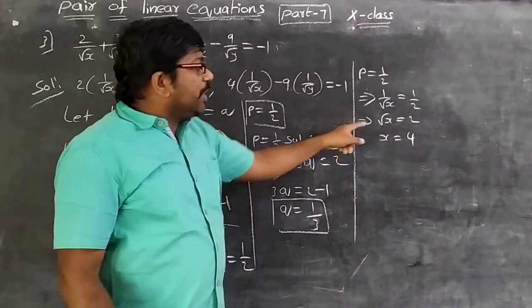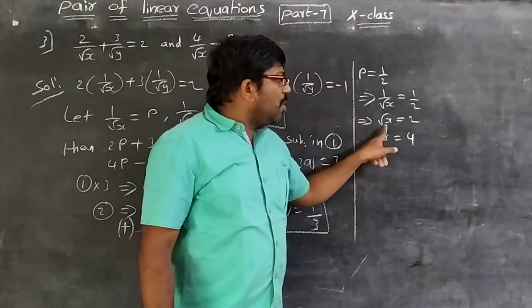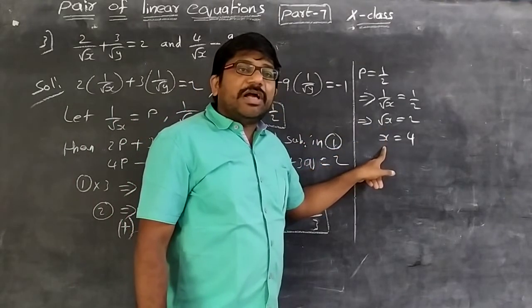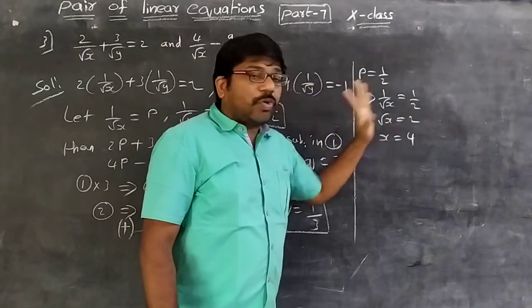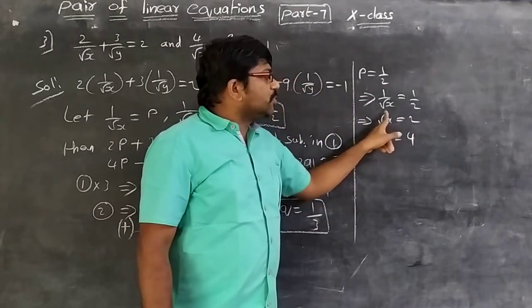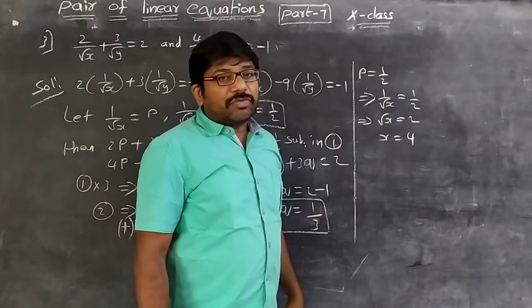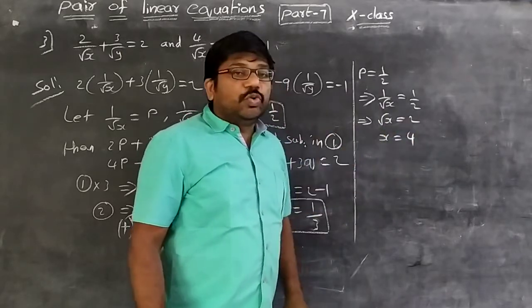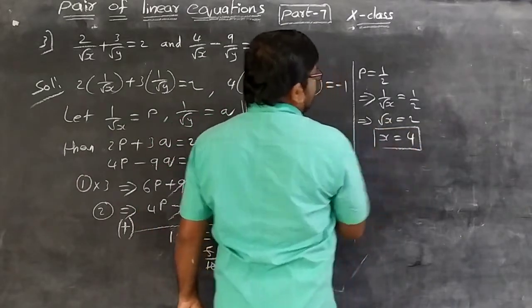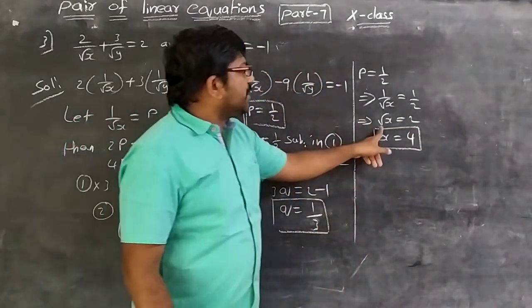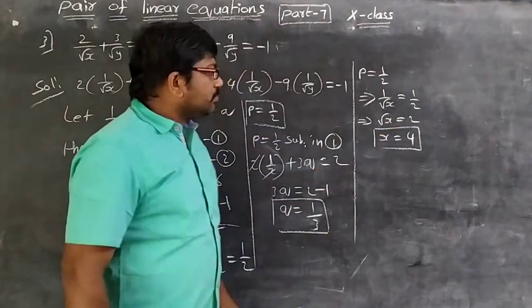Why? Here root x is there, so to get x we square both sides. Root x whole square is equal to 2 square, so x equal to 4. Check: root 4 is equal to 2.